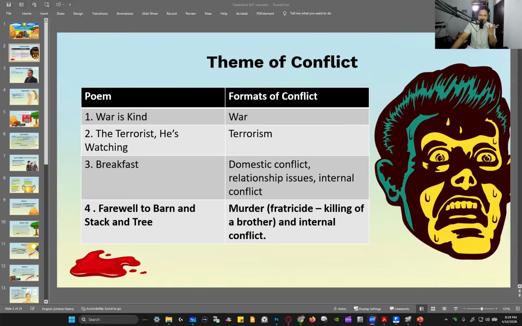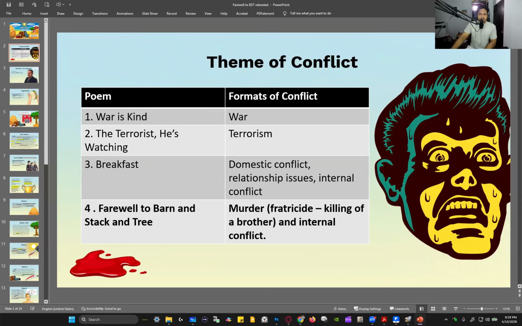Farewell to Barn and Stack and Tree is based on conflict. So we're going to talk about what that conflict is.